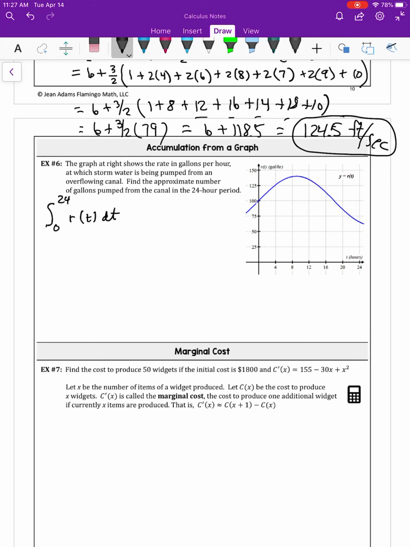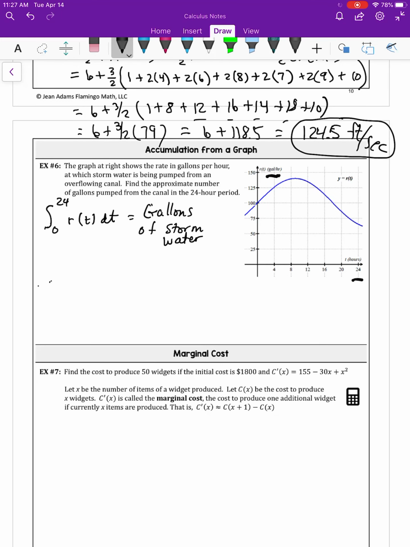So we are looking to integrate from 0 to 24 this r of t dt, because that's going to give us our gallons of stormwater. Okay, because this is gallons per hour, and this is hours, so if we integrate that, we're going to get gallons.